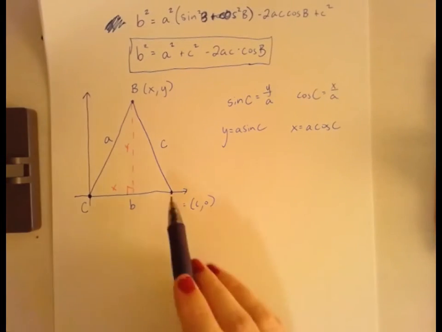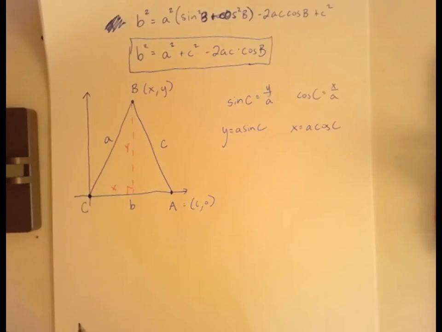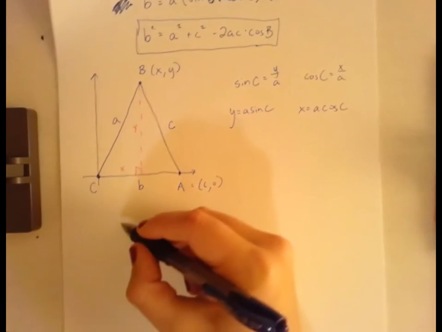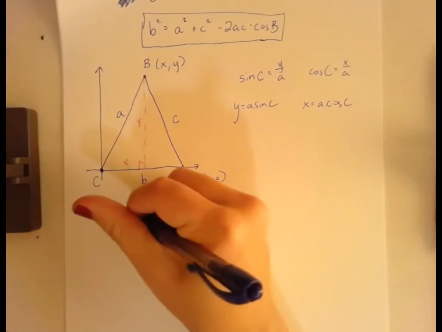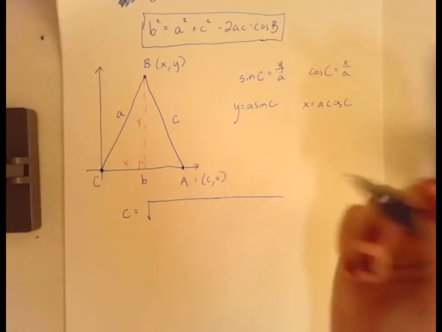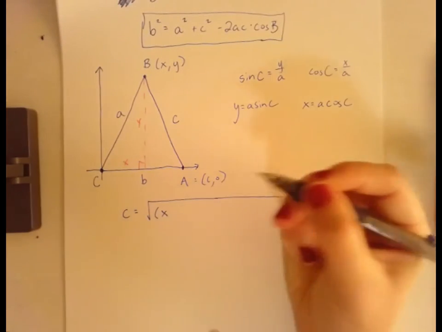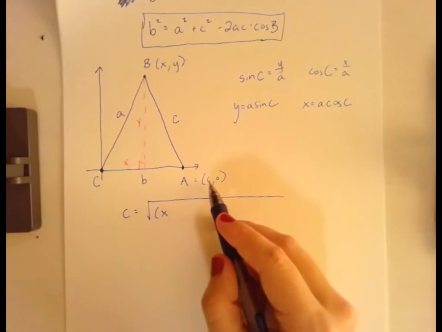Once again, the next step is finding the distance of C by using the distance formula. I'm going to start that below here with some more room. C equals the square root of, again, it's set up exactly the same way every time. X minus, oh, pardon me, I made a mistake here.